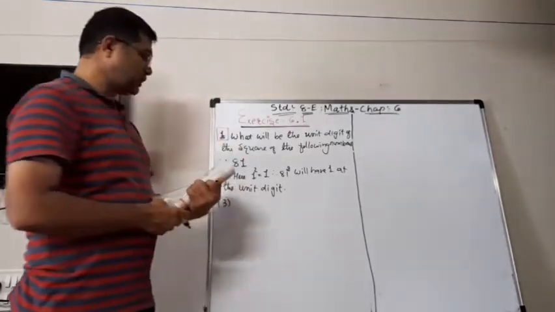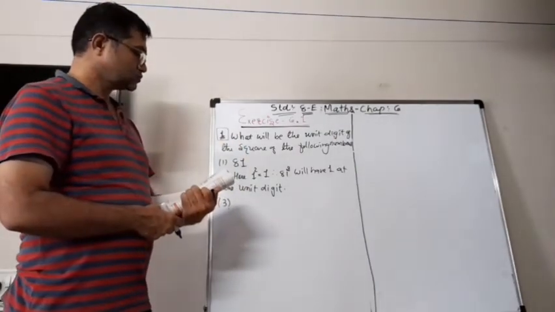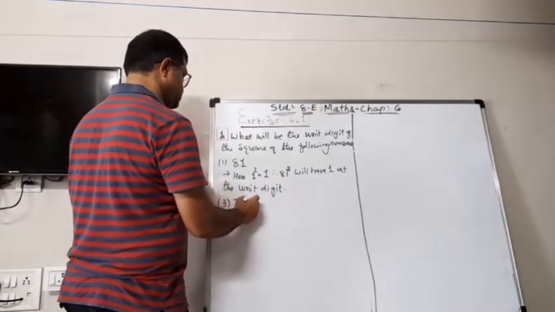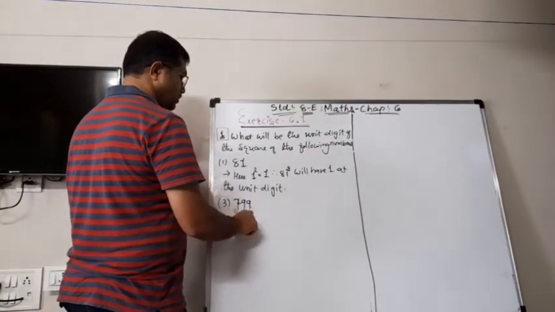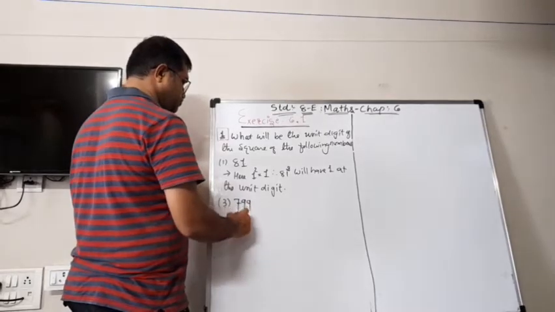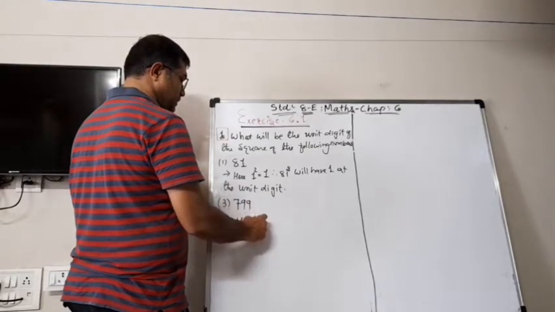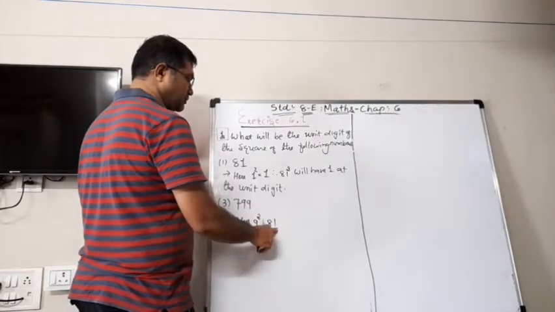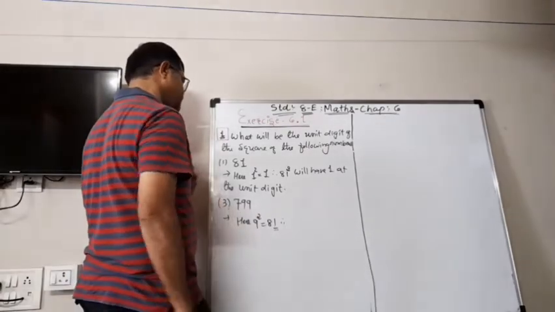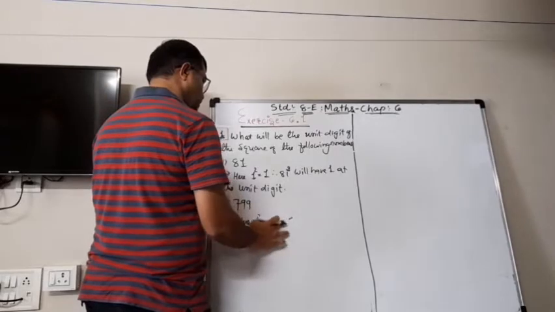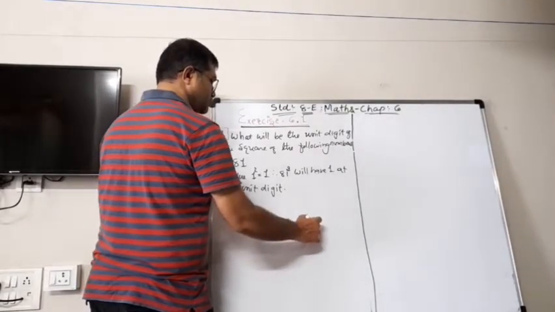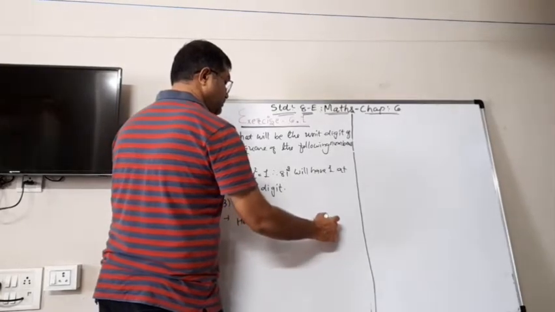I will take the third one now. 799. So here, what is the last digit? 9. So here, 9 square is equal to 81. So what is there? 1. Therefore, you can write that the unit digit is 1.